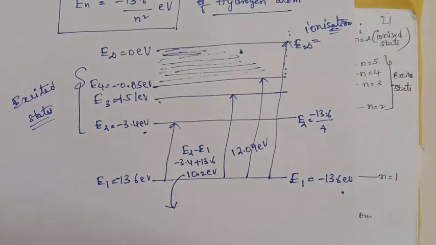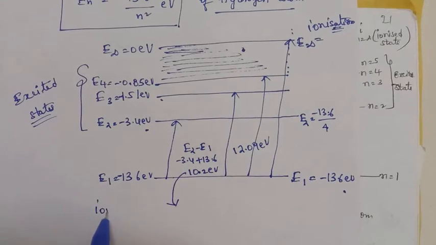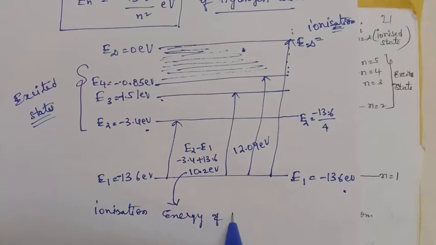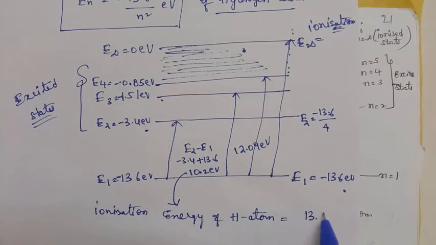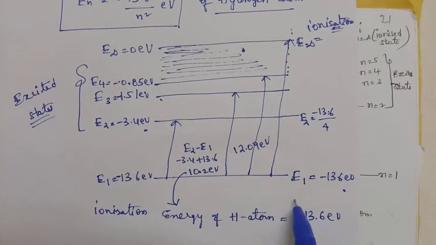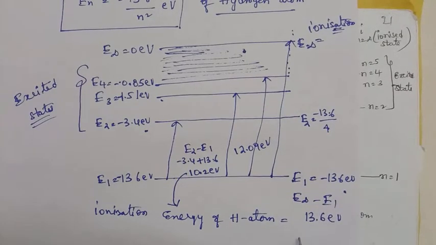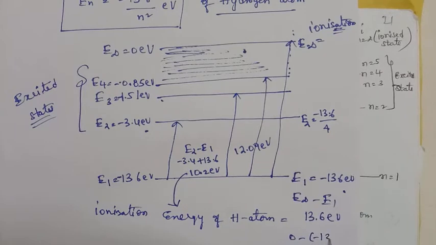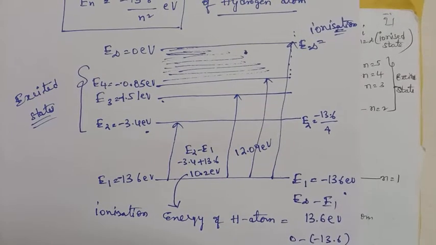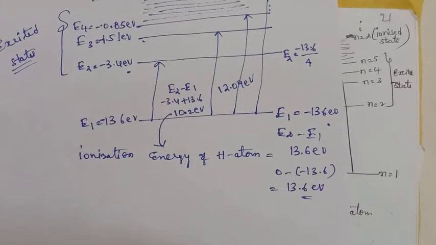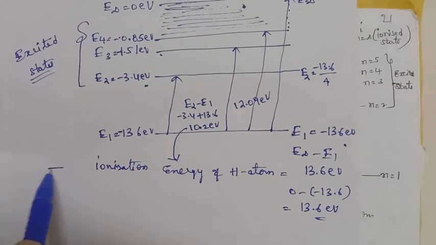The ionization energy of the hydrogen atom is 13.6 electron volts. Why? Because E infinity minus E1, where E infinity is 0, so 0 minus of minus 13.6 is 13.6 electron volts of energy. It is the ionization energy.